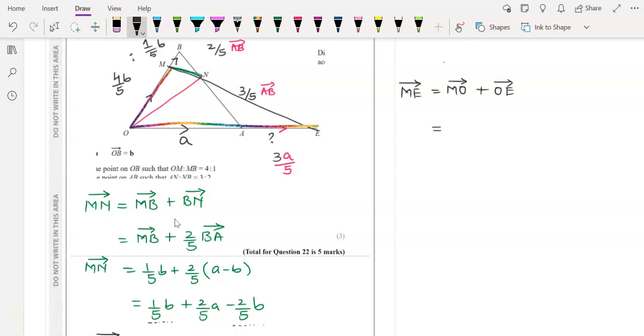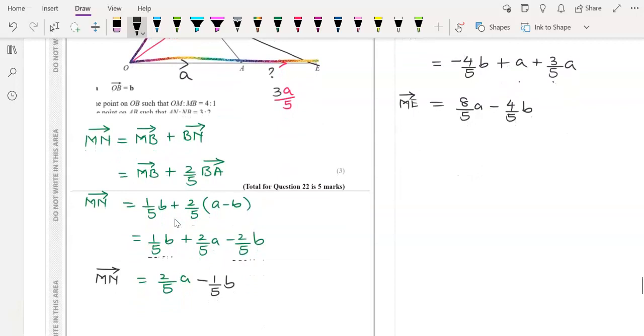So vector MO, again it is reverse direction. OM is 4 upon 5B. So MO will be minus 4 upon 5B plus OE will be A plus 3/5 of A. So 3/5 of A plus 1A will give you 8/5A minus 4/5 of B. So you have vector ME.